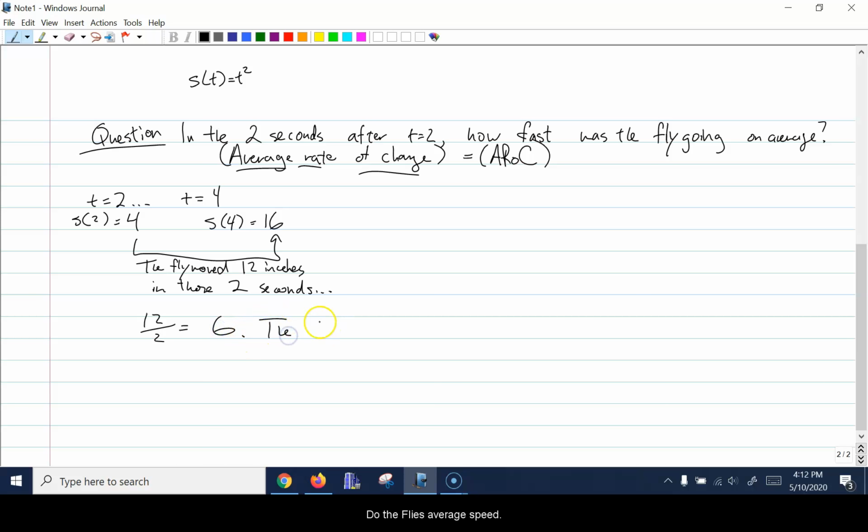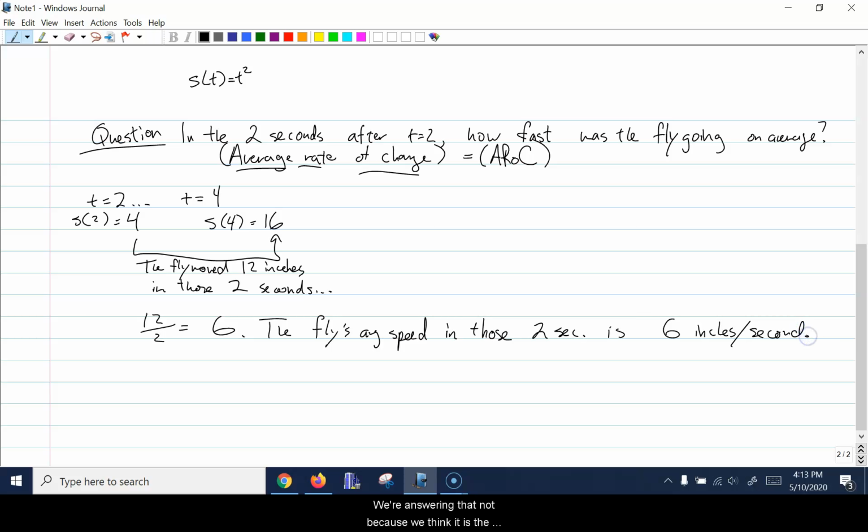So the fly's average speed in those 2 seconds is 6 inches per second. We're answering that not because we think it is the correct answer to our original question, but this is the question we know how to answer, and it's probably in the right ballpark.